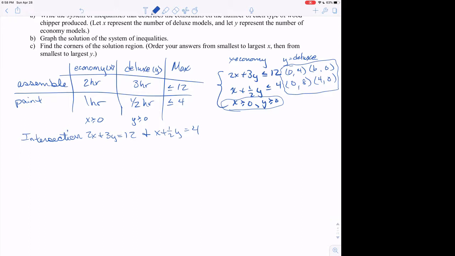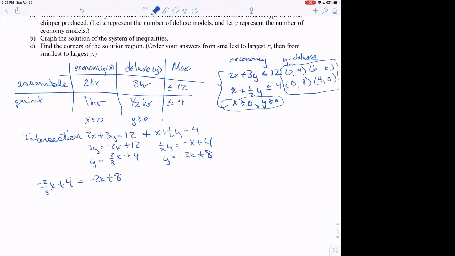So I said 3y equals minus 2x plus 12, so y equals negative 2/3 x plus 4. Sorry, I'm having to keep my computer on. And I have 1/2 y equals minus x plus 4, so I have y equals minus 2x plus 8. So then I have negative 2/3 x plus 4 equals minus 2x plus 8.